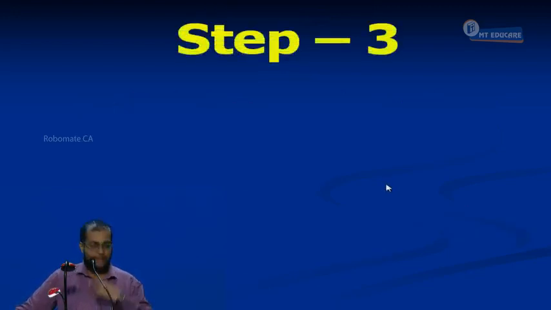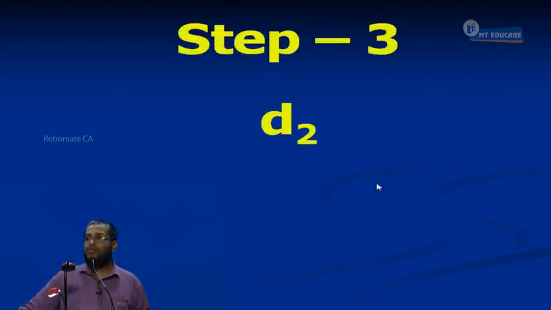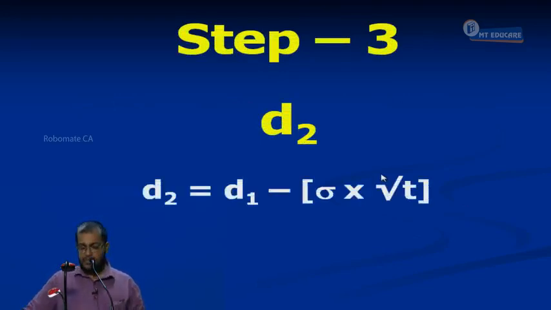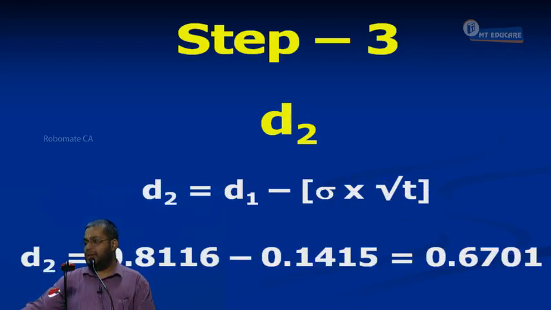Next. D2. What is D2? D1 minus sigma into square root of T. 0.8116 minus 0.1415.